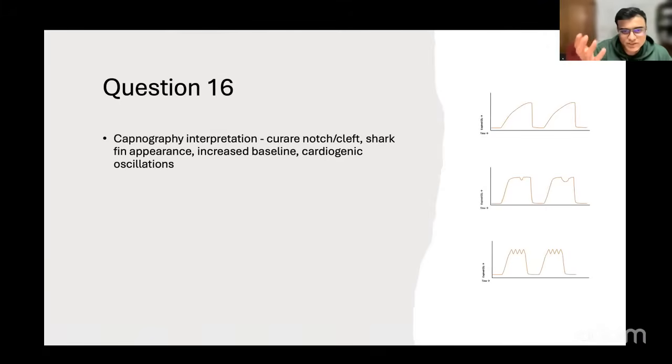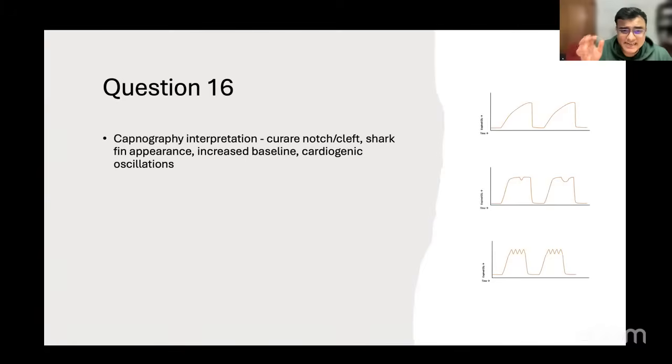There was an ETCO2 graph. Somebody said shark fin, somebody said curare cleft, somebody said there were cardiac oscillations, or increased baseline. I don't know if there was only one question or two, three questions on capnography. The one on the top that you see is the shark fin appearance. It indicates that you are having bronchospasm.